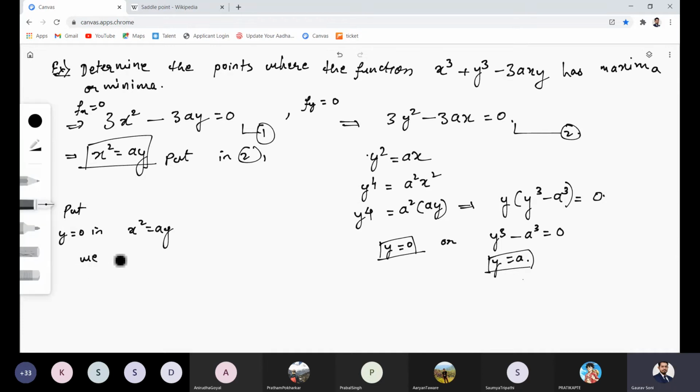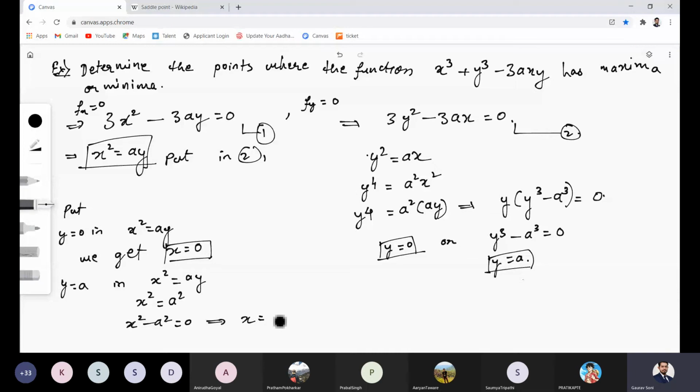We get x equal to 0. Then put y equal to a in x square equal to ay. So we'll have x square equal to a square, x square minus a square equal to 0, which will give me x equal to plus and minus a.